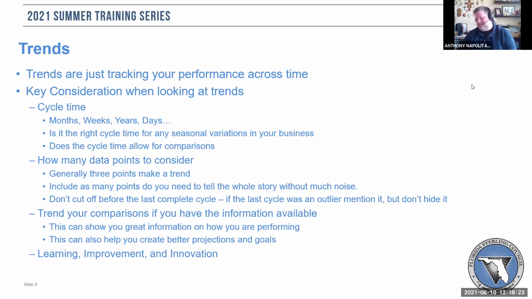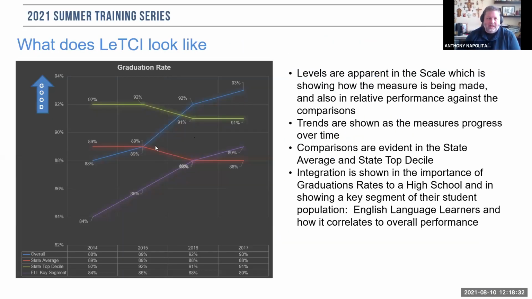Trending your comparisons. I think the highest performing organizations trend their comparisons, and for very good reasons. If I go back up to here, notice how I have trending comparisons here too. So how the entire industry is doing, by looking at the trend of the comparison. You could see that the state average is going down and the state top decile is going down too.